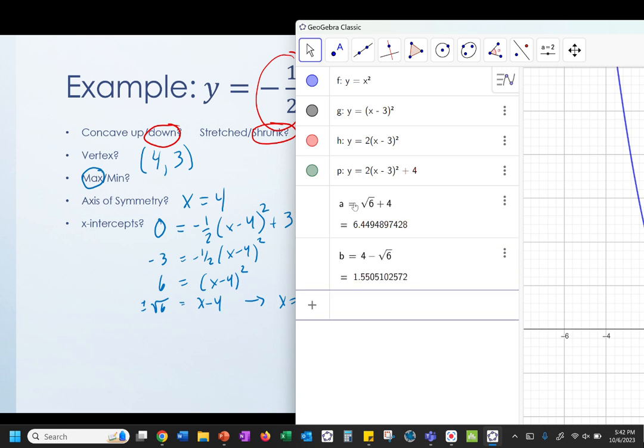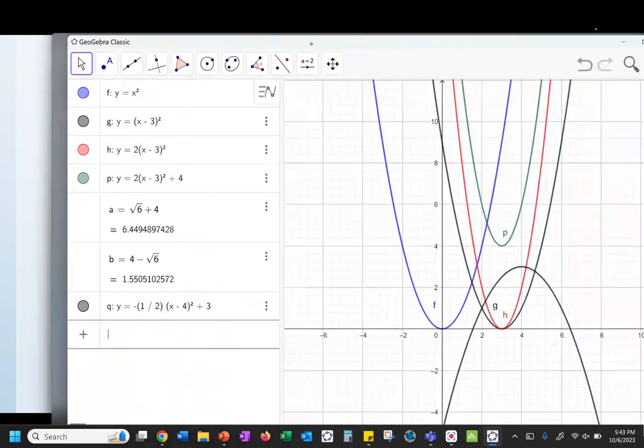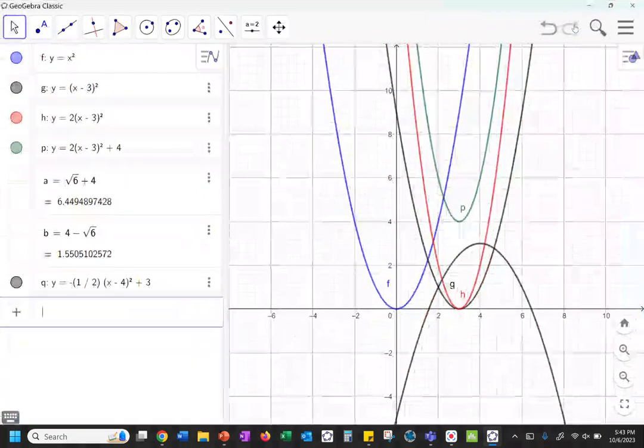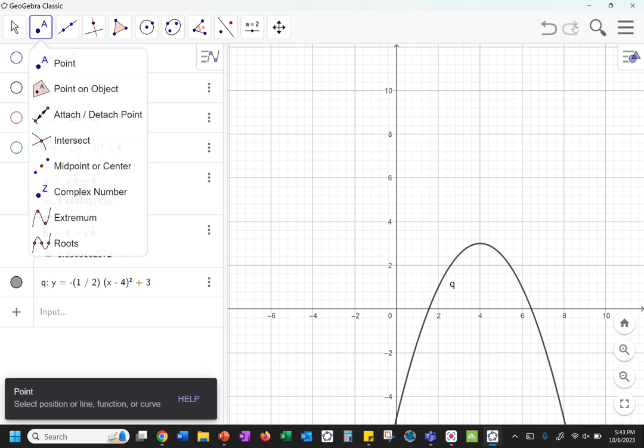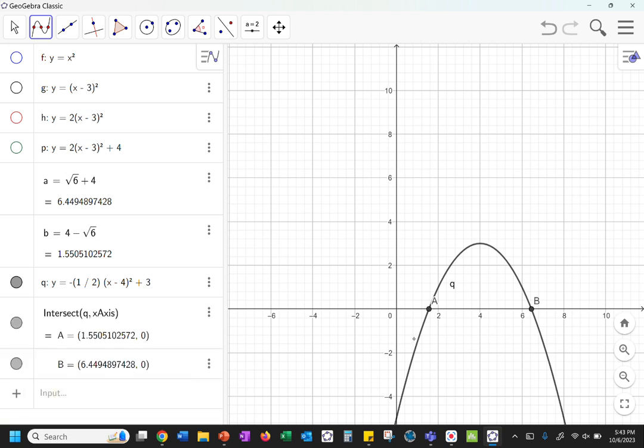So if we go plot this, y equals -1/2 (x minus 4) squared plus 3. I've got to turn off all these other ones. There we go. And we can see if we were right. Where are the roots of my equation here?